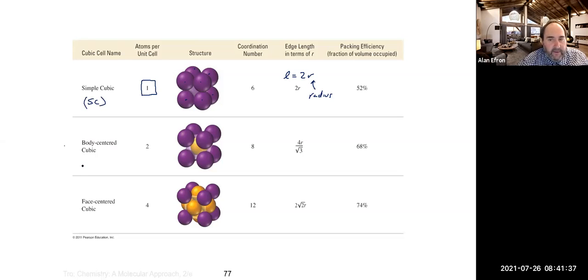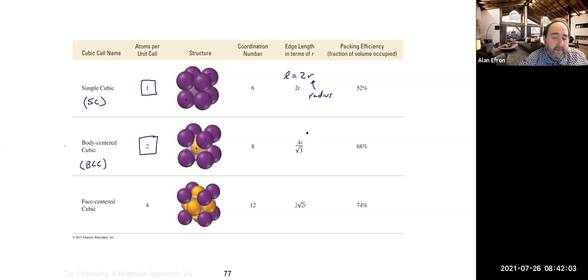Another one that we're going to come across is what is known as body-centered cubic, sometimes abbreviated as BCC. That is basically 2 atoms present within that cell. As we will see in a close-up in just a second, an eighth of an atom in each corner for one whole atom, and stuck right there in the center is a whole atom.